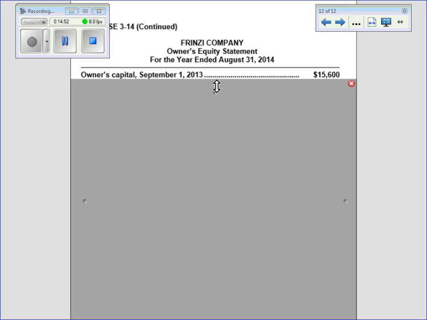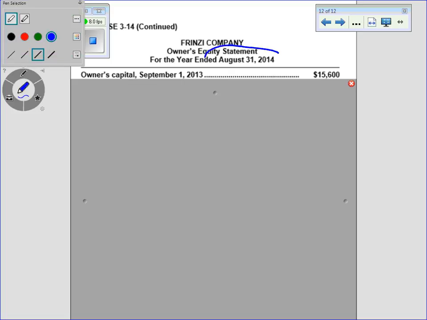It's for the year ended on August 31st, 2014. So the year started on September 1st the year prior. Again, dates get a little bit messy. If you absolutely were confused on this, I'd be okay with owner's capital, comma, beginning. If you were confused with where the date came from, I feel like I explained it pretty good so you can see where the date came from, but we're looking for the beginning and the end.